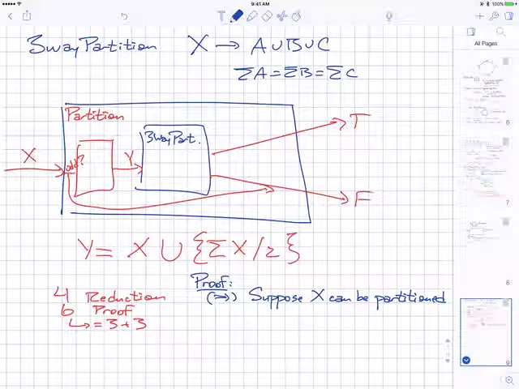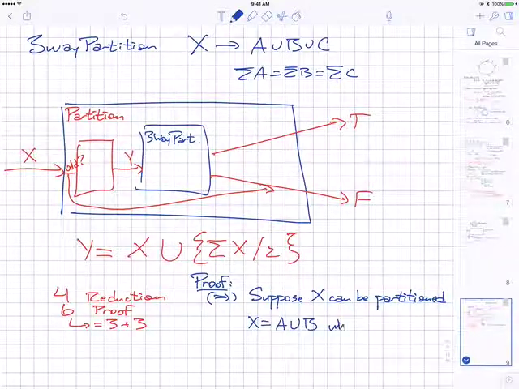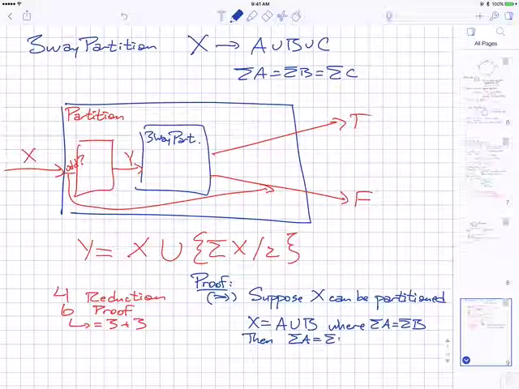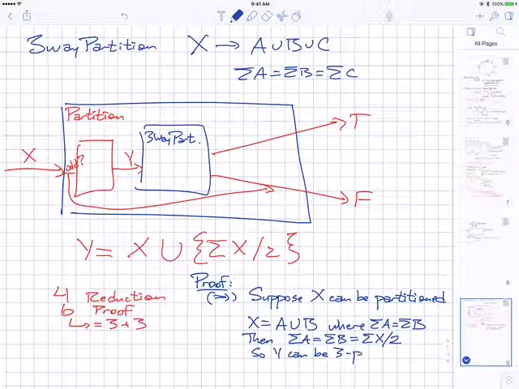Okay, so X equals A union B, where sum of A equals sum of B. Then sum of A equals sum of B equals the sum of all values in X divided by 2. So Y can be 3-partitioned.